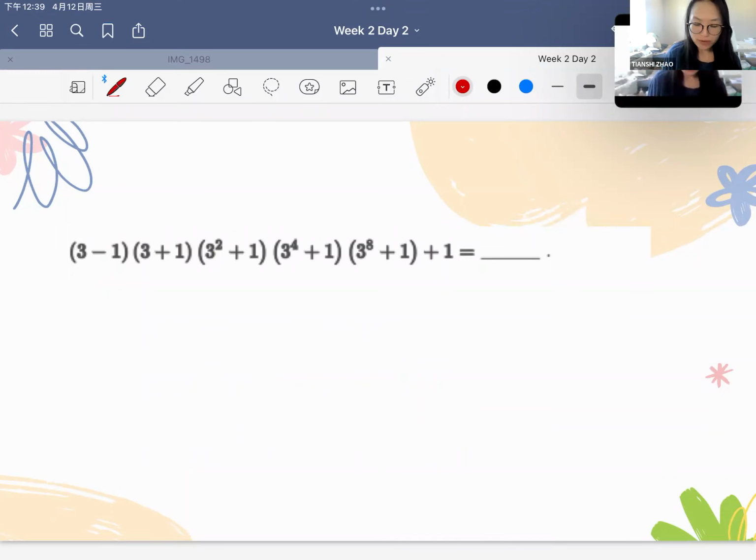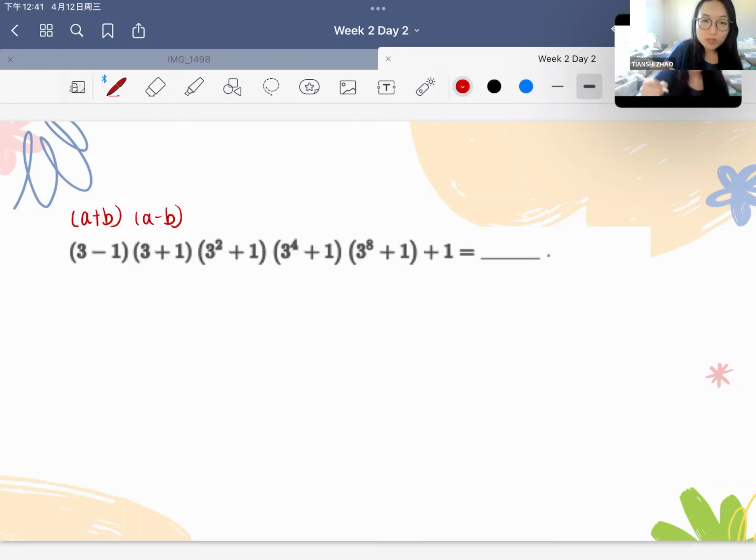Here you can find that the exponents for 3 are different in all the terms, but the first term is 3 minus 1, and the second term is 3 plus 1. So the pattern looks very similar to a plus b and a minus b, right?